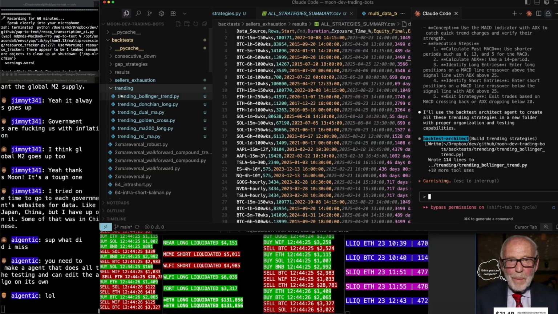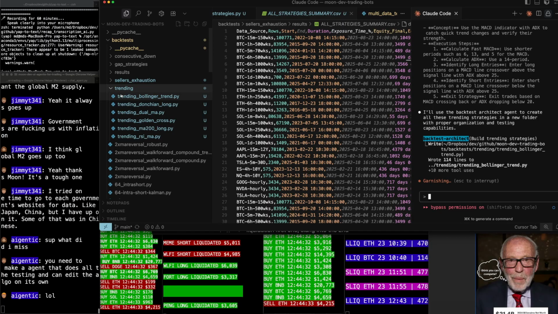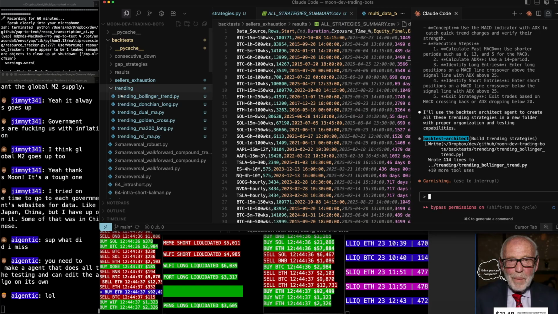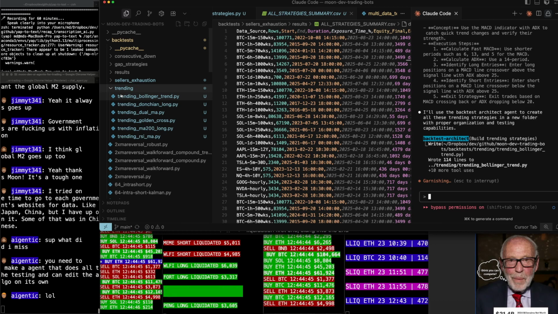Okay, so you can see she's making all of these strategies. These are pretty simple strategies, but I had them on my note sheet, and a lot of that note sheet comes from books. So simple does not mean bad. A lot of people say, oh, that's so simple. It's like, okay, what makes money at the end of the day? We'll see. I'm gonna have all the data, dude. All the data.